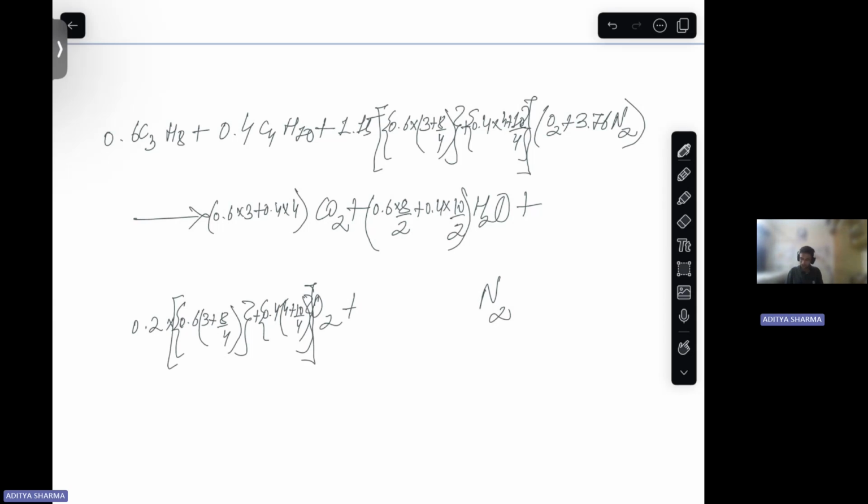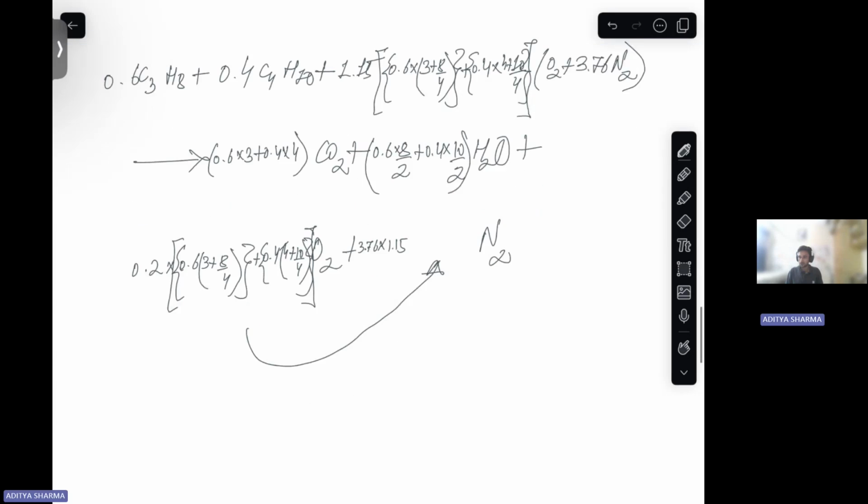So this is for your oxygen, and then for your nitrogen you have, the same way, 3.76 into 1.15, and then this one is for nitrogen. Okay.